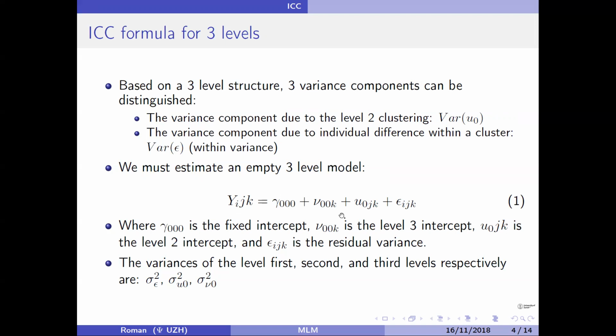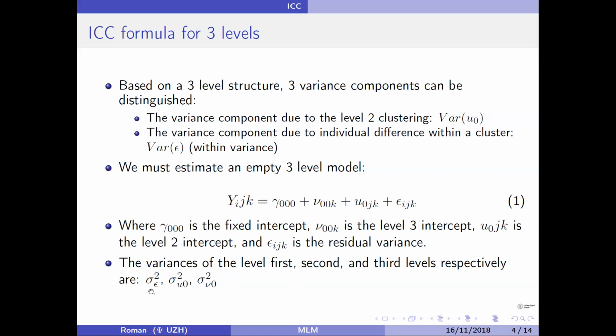We also estimate a variance of level 3 here. We estimate a variance for the subject, and then of course we have a variance at the measurement occasion level, just our overall residual.